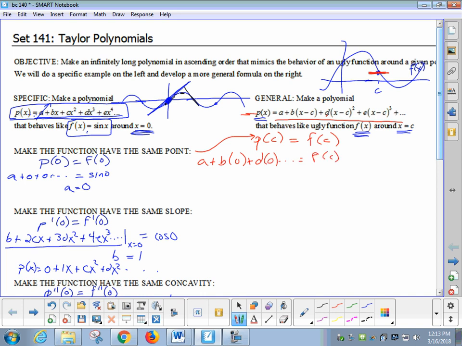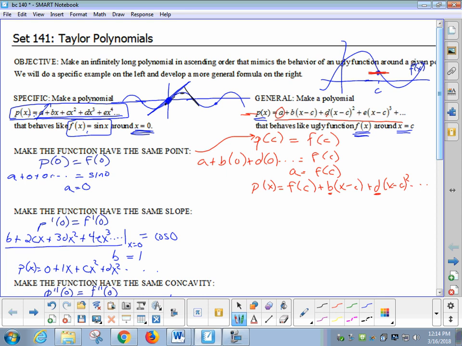What that tells you then is that a must be f at c. So at that point, my polynomial, as far as what I know so far, is that that a has to be f at c. The other stuff, I still don't know yet. Are you with me? Okay. The idea is that I need to perfectly find these coefficients to make the polynomial bend and curve exactly like my curve does. You follow?